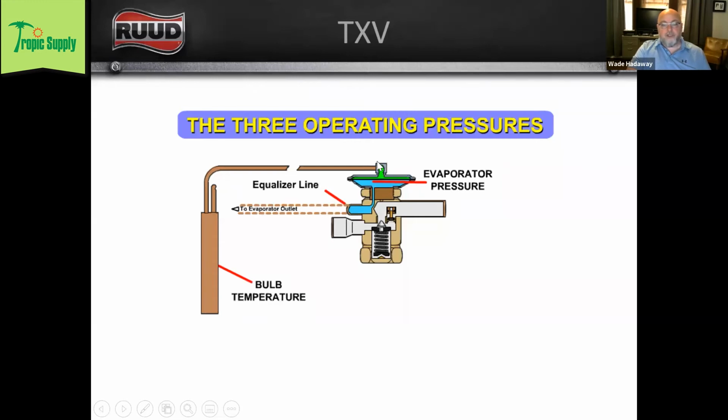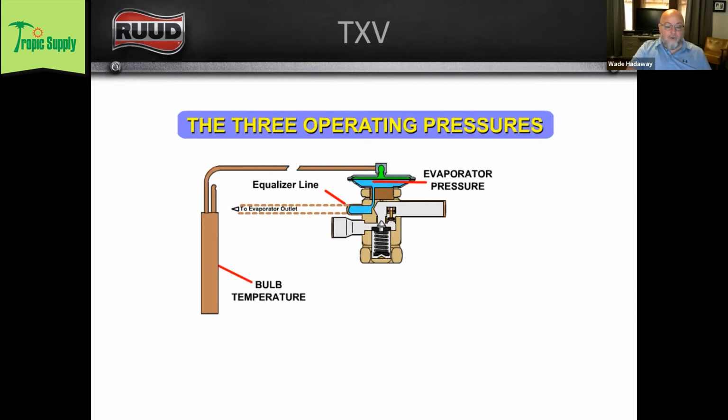So this pressure on the top of the diaphragm is pushing against the combined pressure of this equalizer tube, which is tapped into the suction line, right? So we've got essentially superheat here, saturation temp here, and this spring. So the spring and the equalizer line push against the bulb temp.